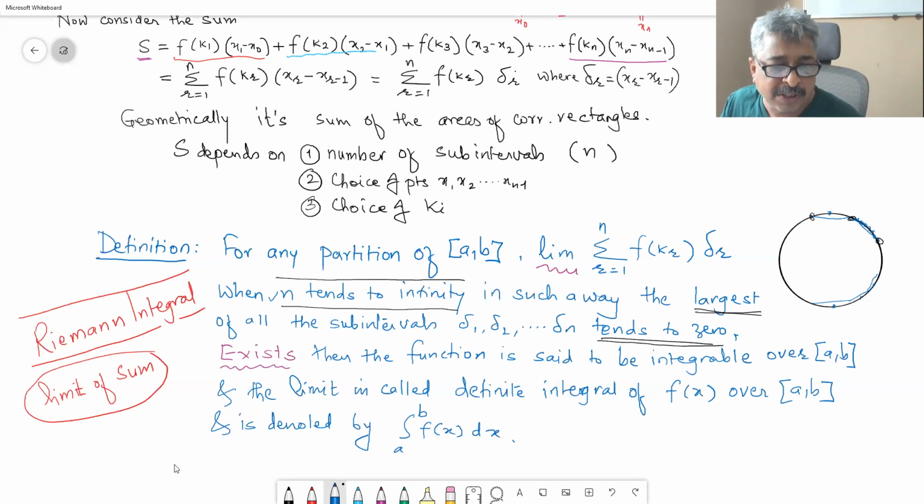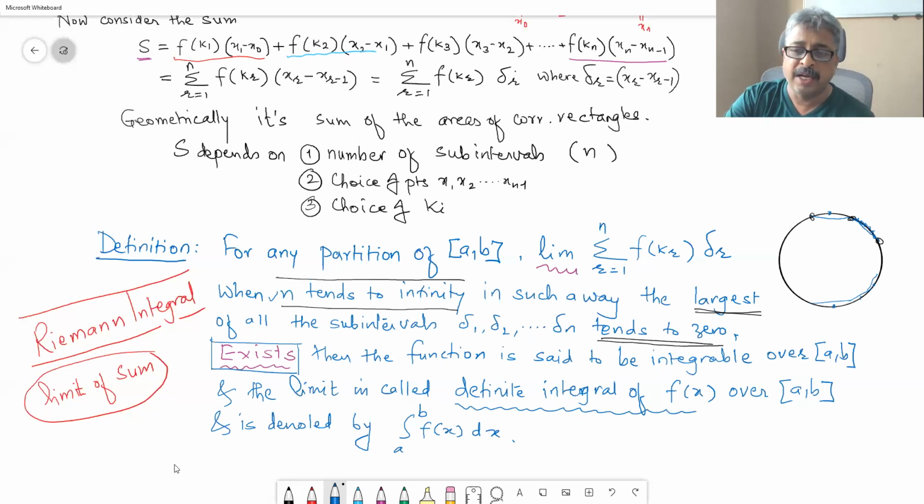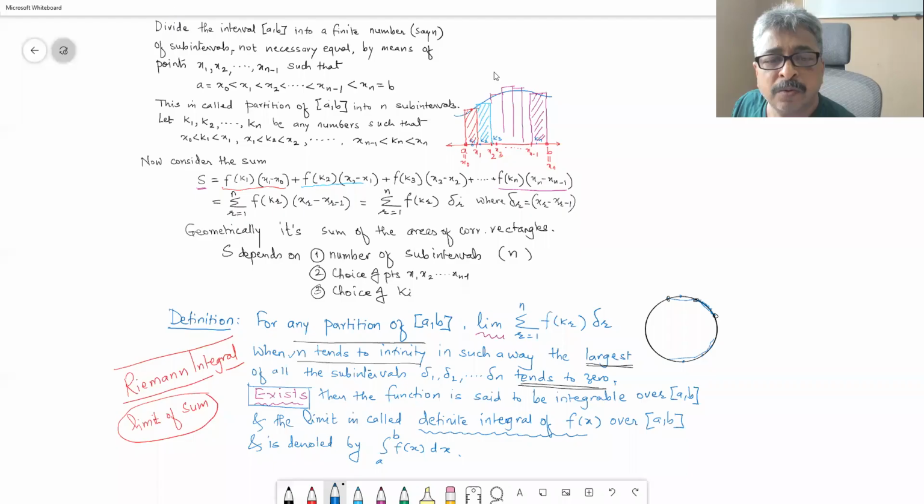In this case, just as if the limit exists the function is differentiable, similarly, if this limit exists, we say that it is integrable, and the value will be called the definite integral of f of x. Okay.